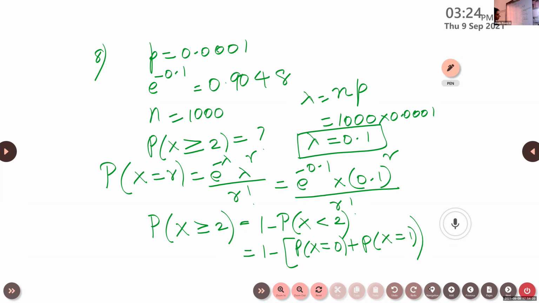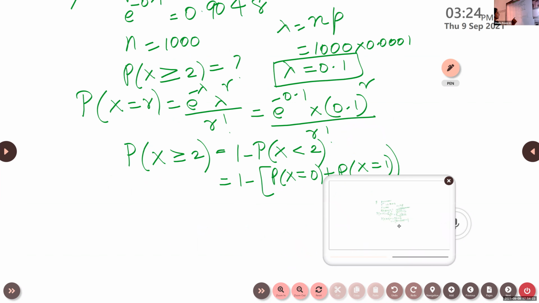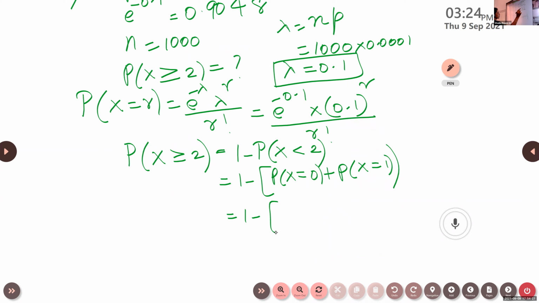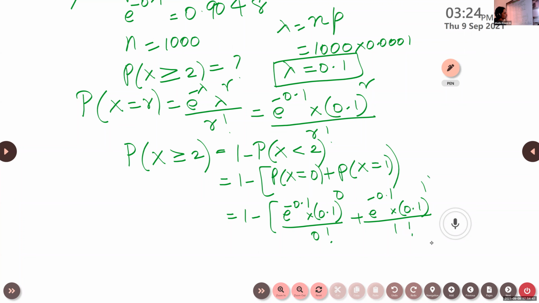You substitute the values there. So 1 minus, when you put x is 0, e raised to minus 0.1, 0.1 raised to 0 by 0 factorial, plus x is 1, e raised to minus 0.1, 0.1 raised to 1 by 1 factorial, isn't it? So we can take e raised to minus 0.1 as common.